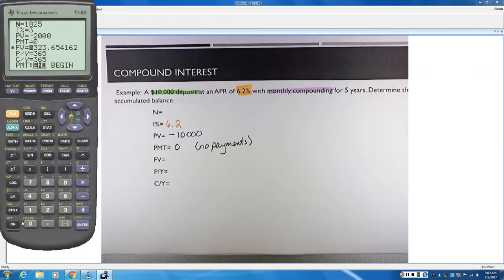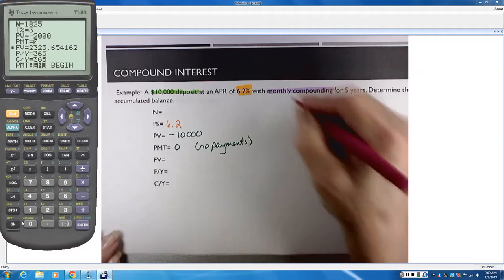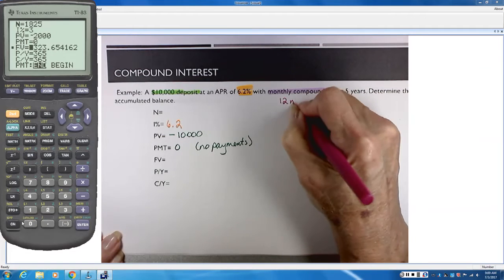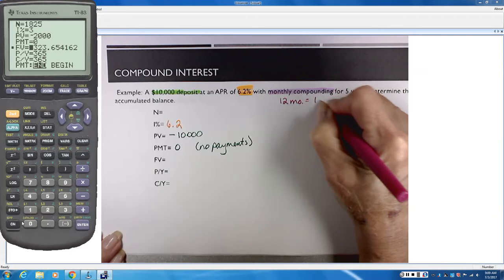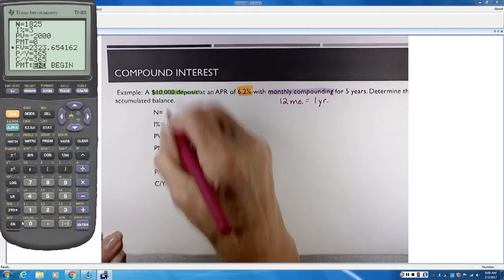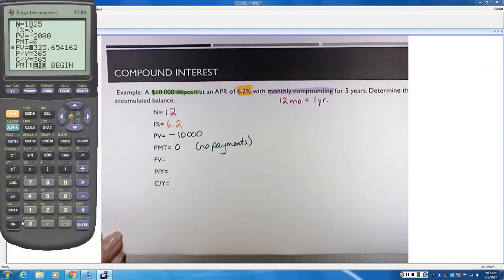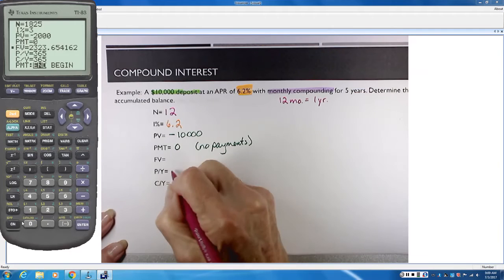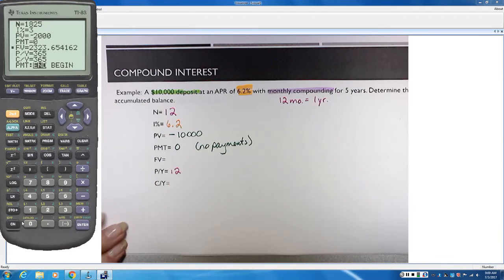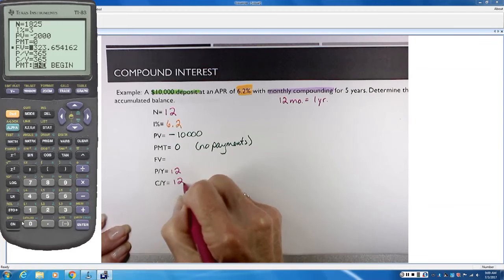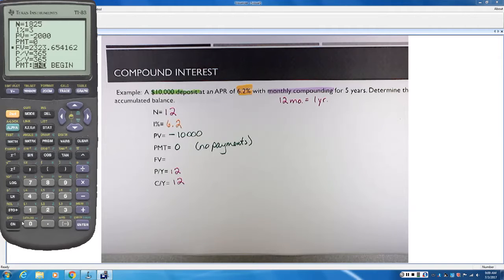So that tells us we're going to compound 12 times a year. There's 12 months in a year. So that's part of N. That's not all of it, but it's part of it. It's how many times in 1 year they're going to pay you interest, once a year because they compound once a year. So that's where the 12 goes in all those different places.